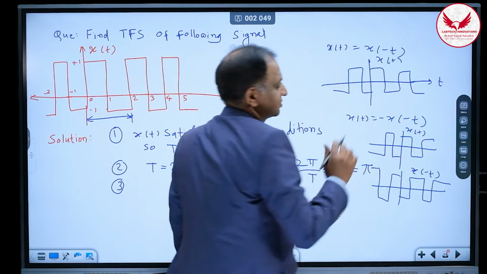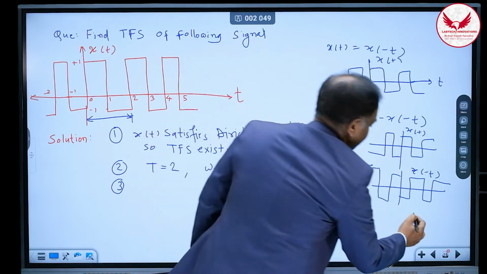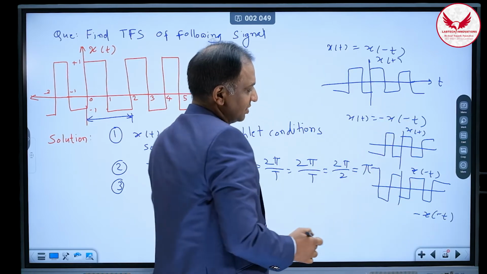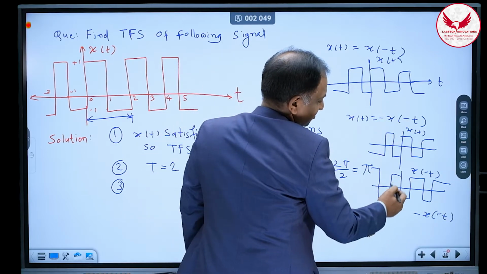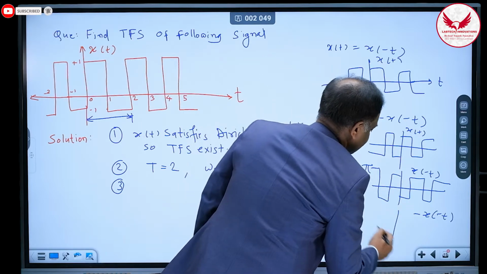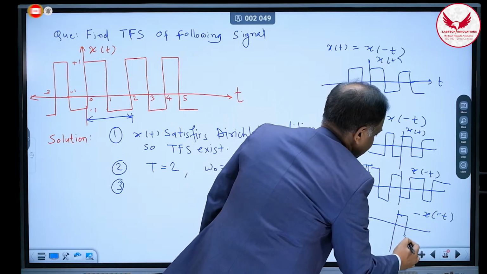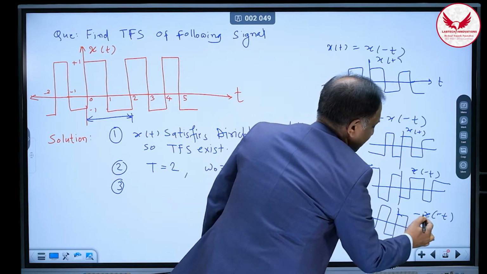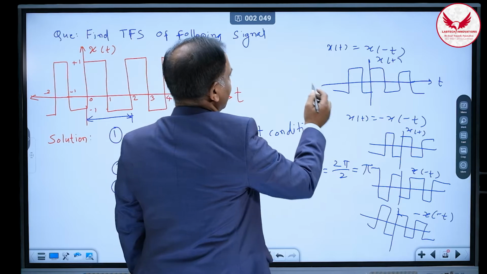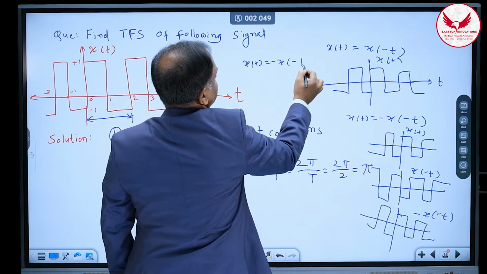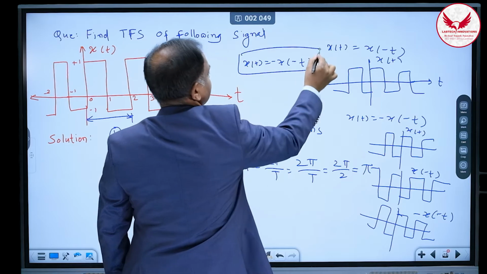So x of t and x of minus t are not the same. Then you do minus x of minus t: the amplitude is multiplied by minus 1, so it becomes negative. So this is minus x of minus t. Therefore x of t is equal to minus x of minus t. It means that the signal is odd.